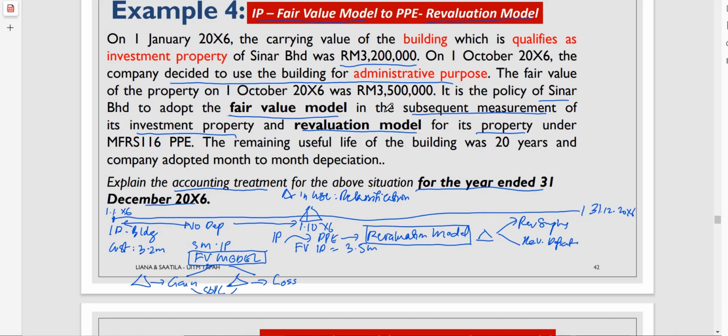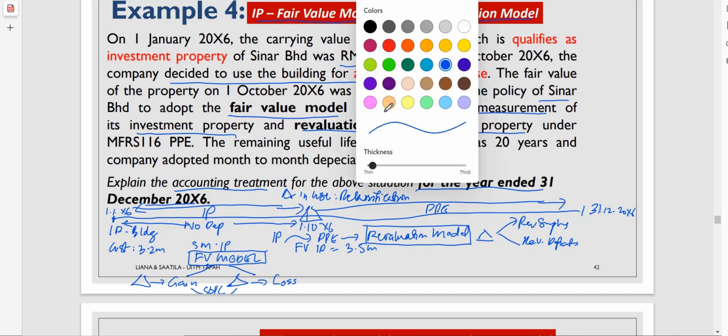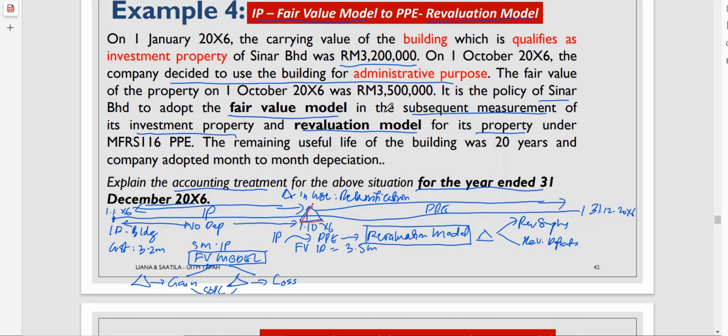Starting from 1st of October until 31st of December, that is a PPE, but throughout the earlier period, this is still an IP. So the date that is very important is the date the transfer took place. So transfer starts here.